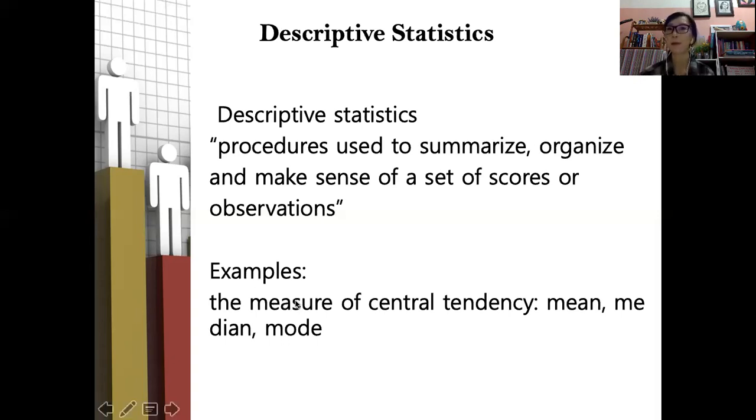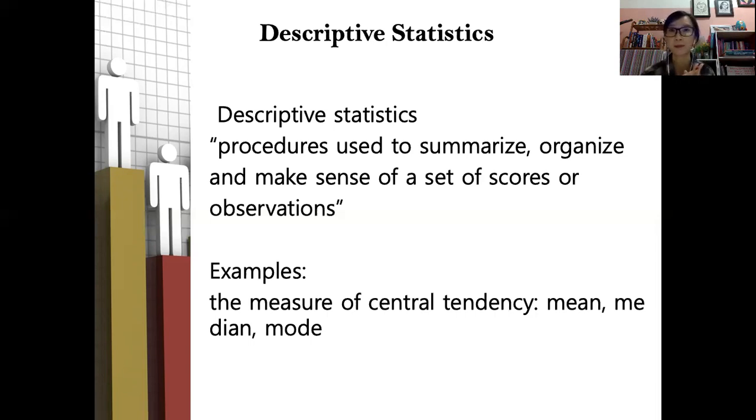Okay, the examples of descriptive statistics will be very familiar already. We call it central tendency. There are three statistics there: mean, or the average score or average value; median, or the mid value, the value in the middle. And then mode.